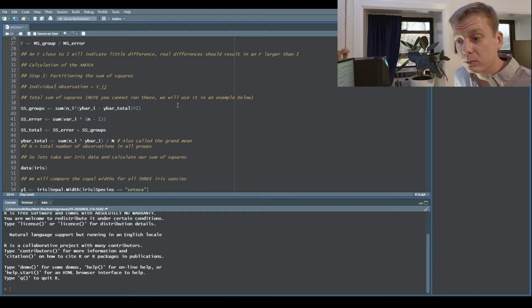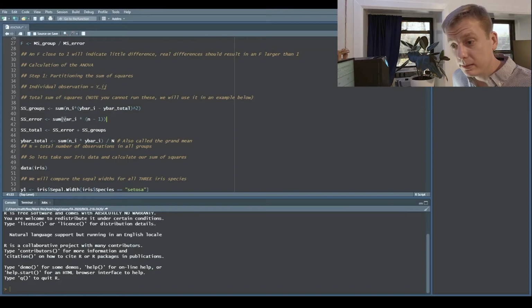The sum of squares of the group is the sum of the sample size of the group times the average of the group minus the total average for all groups, also called the grand mean, squared.